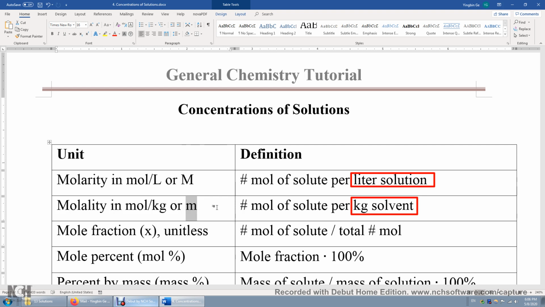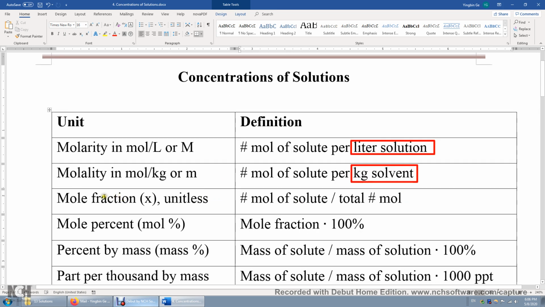All right, and then it's just coincidence for water. And then 1 uppercase M, 1 molar, is equal to 1 molal for dilute aqueous solution. All right.